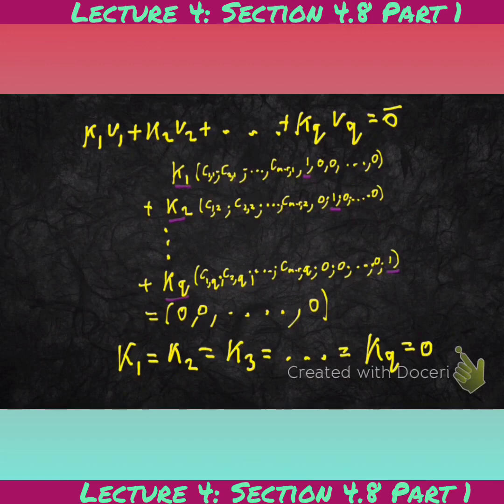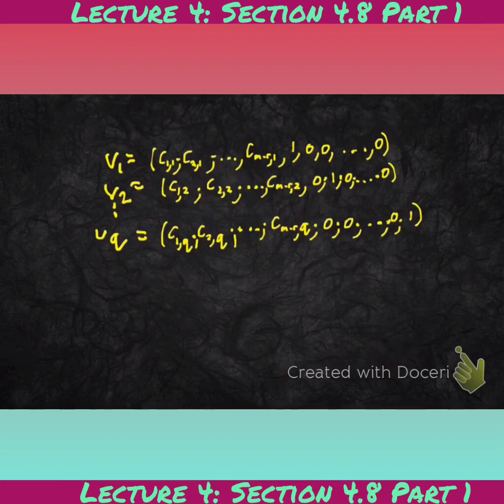Therefore, the vectors v1 up until vq are linearly independent as well. So every vector in the solution space is a linear combination of the vectors v1 up until vq, and the vectors v1 up until vq are all linearly independent.